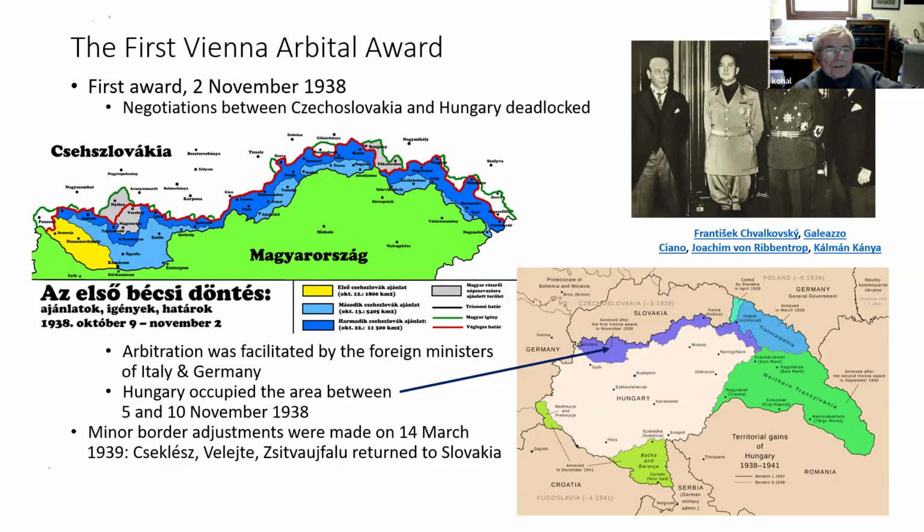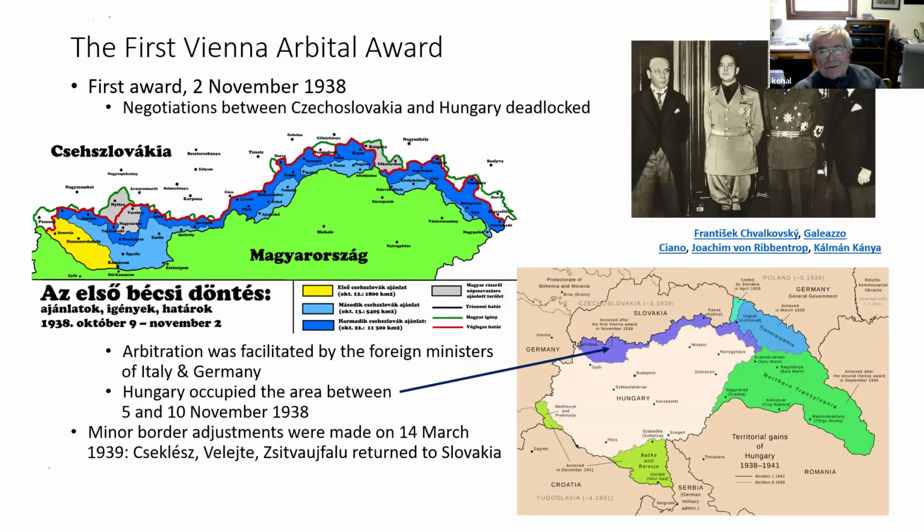Basically, between 5 and 10 November 1938, Hungary occupied the area shown here in the purple. And there were minor adjustments made to this border in the following March, when villages were turned back over to Slovakia. Čechlice, Svaľava, and Žitvo were the ones that had post offices.